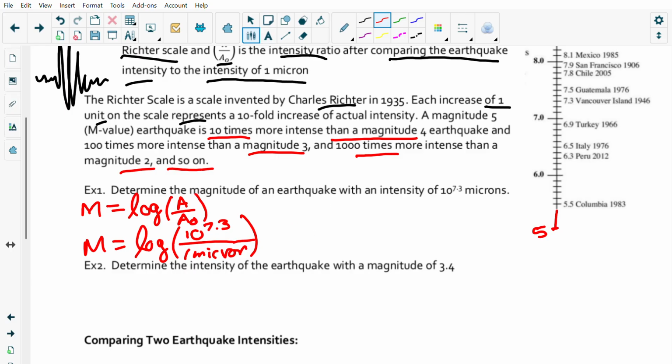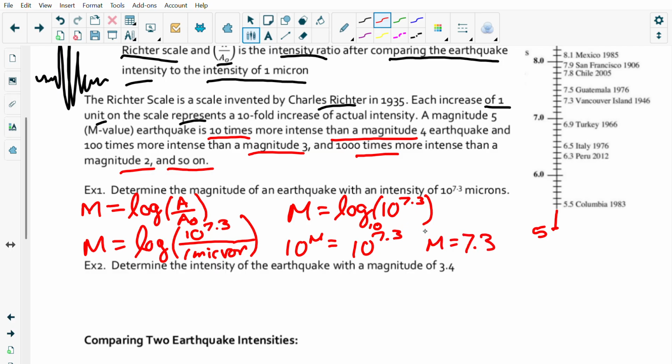Let me simplify this. So 10 to the 7.3. You can evaluate this on a calculator, or let's just think about it. 10 to the m equals 10 to the 7.3. So m must equal 7.3. You don't need a calculator to do this one.